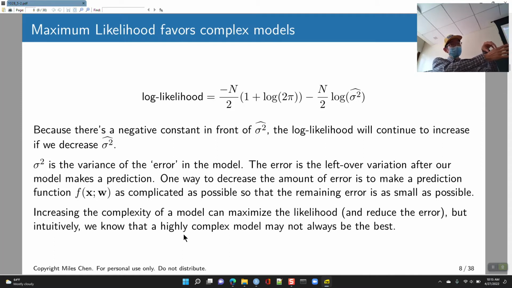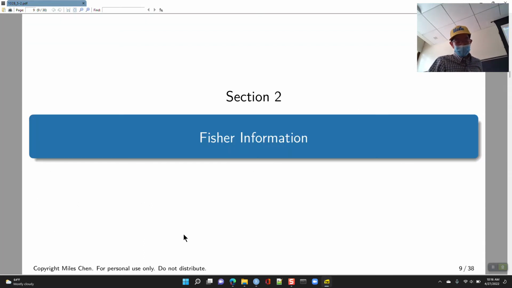But there's always this question of how right is the actual model, the model that you're claiming, right? And so we can continue to increase the likelihood of our data by making our model more complicated, and that's going to increase the likelihood of our data according to the model. But now we run the risk that our model itself is wrong, okay?